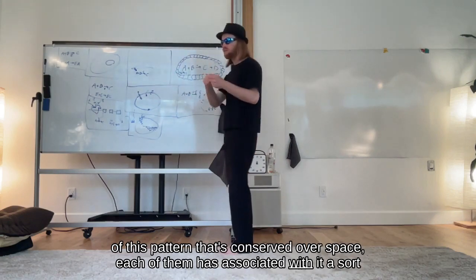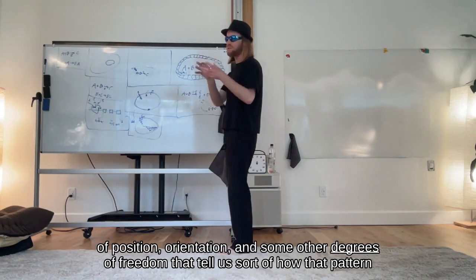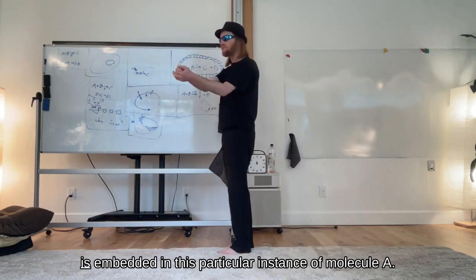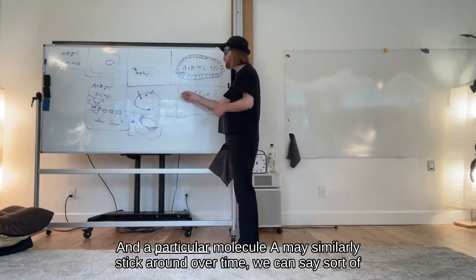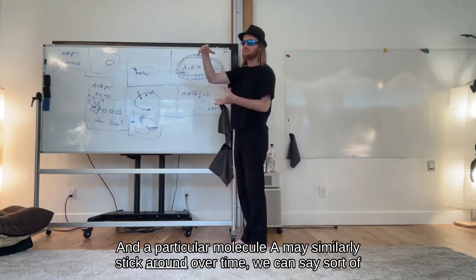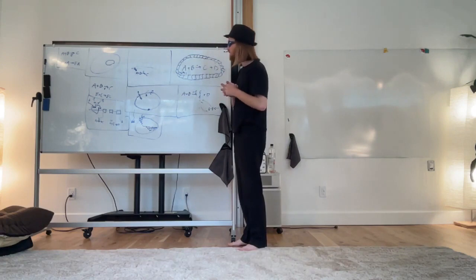Each of them has associated with it a sort of position, orientation, and some other degrees of freedom that tell us how that pattern is embedded in this particular instance of molecule A. And a particular molecule A may similarly stick around over time. We can say how that's embedded in a place.